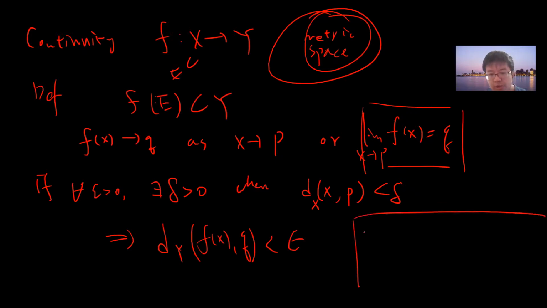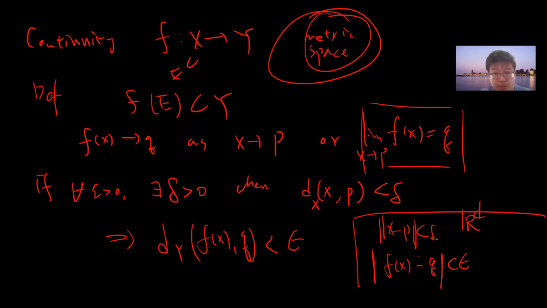Compared to calculus, this part is |x - p| less than delta and |f(x) - q| less than epsilon. This is the R^1 version. For the R^d version, you just change the absolute value to the Euclidean norm.